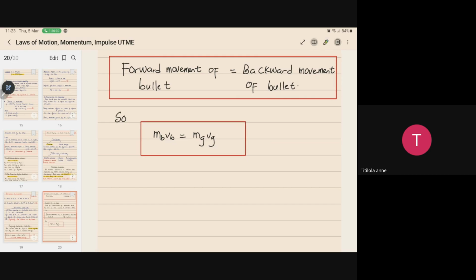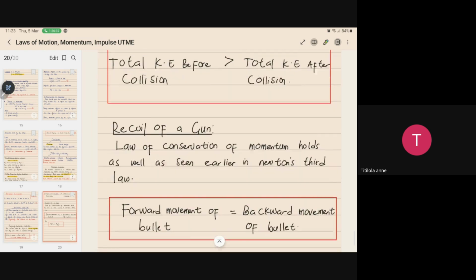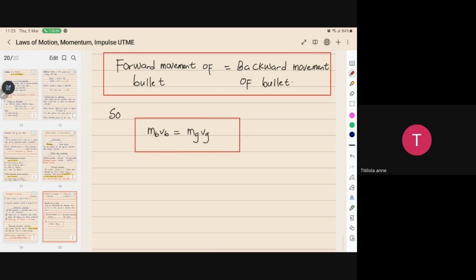And this will be my equation number 7 at the moment. Remember, we can table them. Where MB is equal to the mass of the bullet. So anytime you hear recoil of a gun and bullet, please run to this formula. Mass of the bullet, then you have VB, the velocity of the bullet.